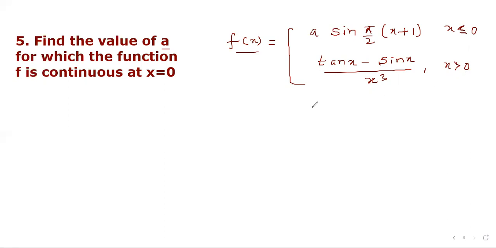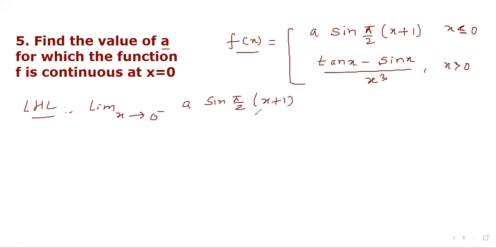So let's see. For this purpose, we find LHL. Limit x tends to 0 minus, we write this function, a sine pi by 2 times (x plus 1).